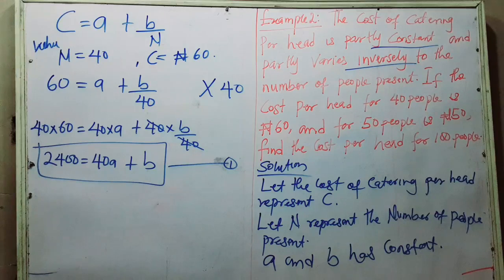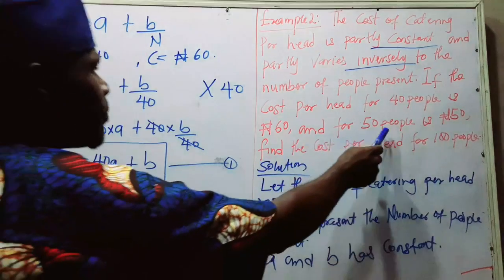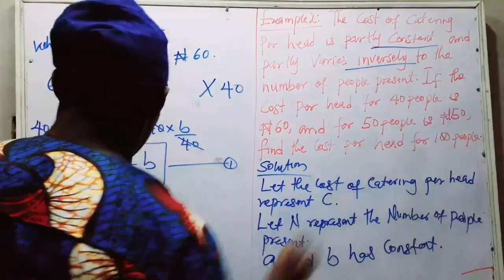So let's try to deduce equation 2 at this junction. How do we deduce our equation 2? He said in the second statement, for 50 people is 50 naira.